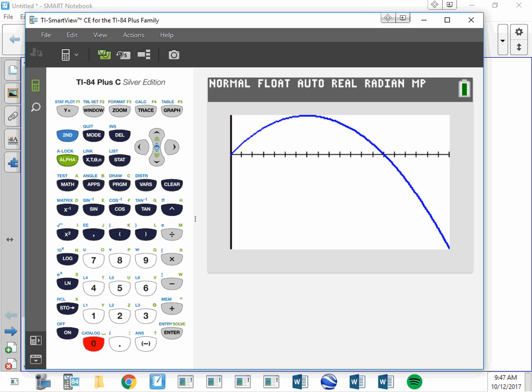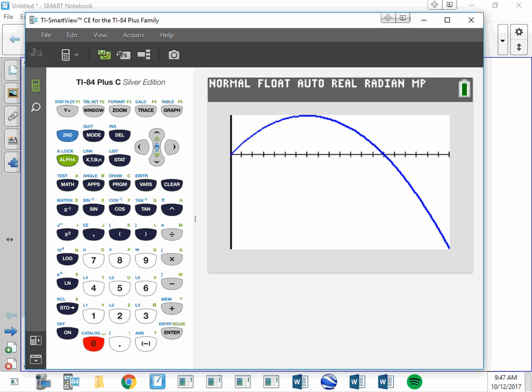Question A, what sales level maximizes the company's annual profit? What are we looking for? What about the vertex? So when I find the vertex, what will my answer be? The x value.